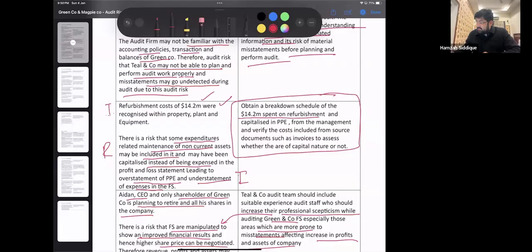And capitalized in property, plant, equipment from the management and verify the costs included from source documents, such as invoices, to assess they are of capital nature or not. Now, this is typically a substantive test on valuation of asset, non-current asset. Typical. To verify this, what is the risk here?